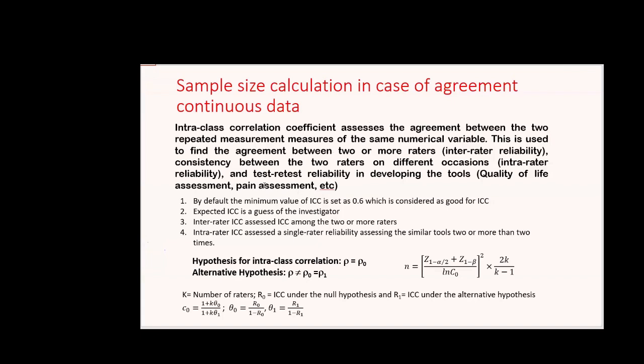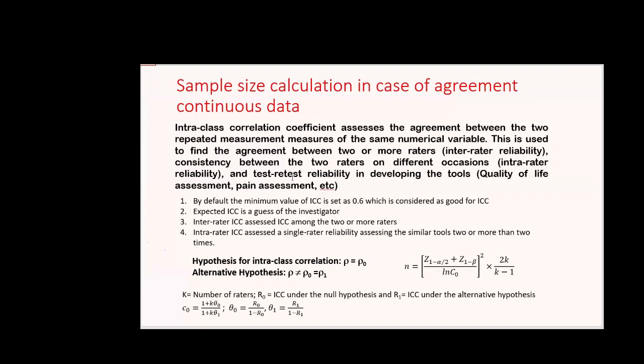Another example for the intra-class correlation is test-retest reliability. It means that if you are developing some tool for assessing an outcome like quality of life or a pain scoring system, first we test, and then after a break, we retest and find out whether the participant is giving the same answer or not.